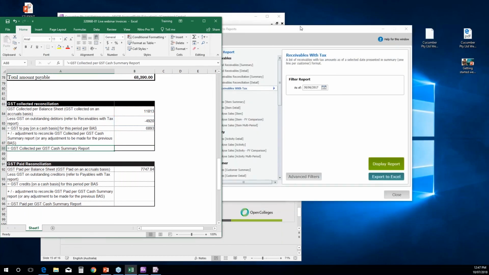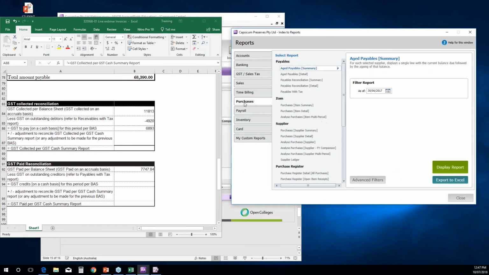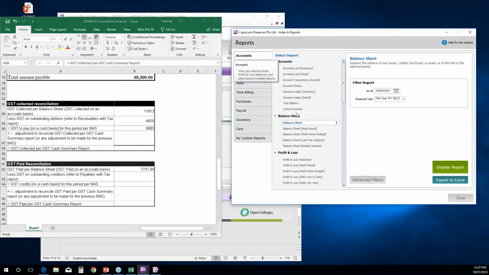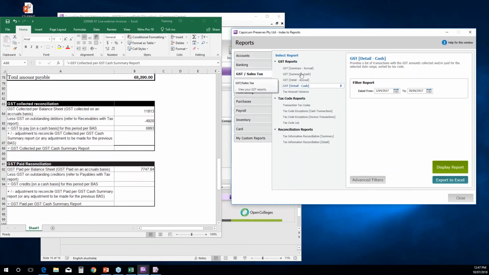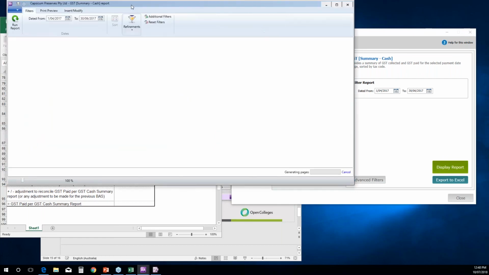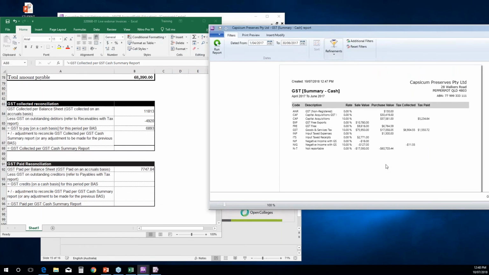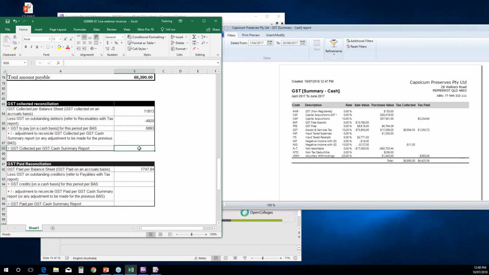Okay, I will check it soon. But while I'm here, I will go to Accounts and GST cash summary, cash. So it has to be 6,893. Okay, here you go, 6,893. So it reconciles, right?